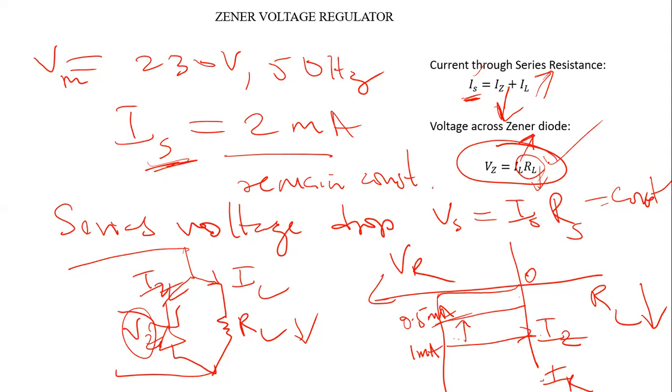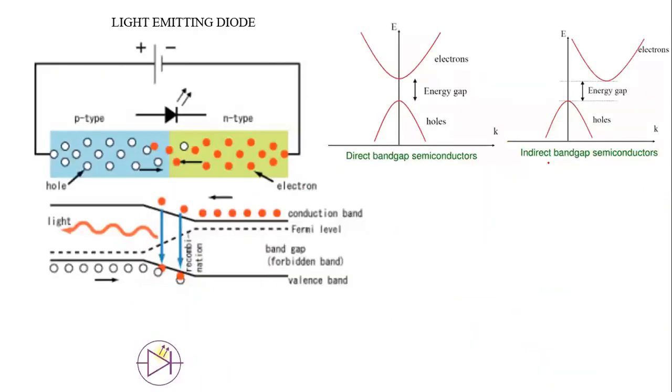So by using this zener diode that operates in the voltage breakdown, you can prevent your instrument from getting affected by load fluctuation as well as line fluctuation. They are called load regulation and line regulation. All right. So these are the things that I wish to explain.